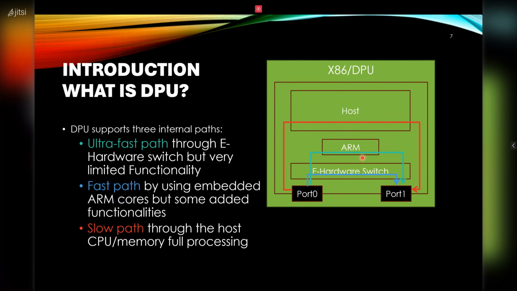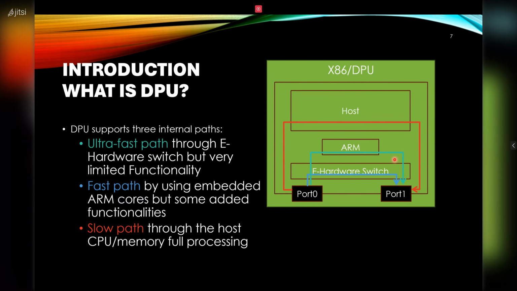And then we have the ARM processor, used if we need to process some packets. For example, we want to make a 5-tuple based on source IP, source port, destination IP, destination port, and protocol. We make a flow by using these 5 tuples. Here we can involve this fast path to make the flow ID.